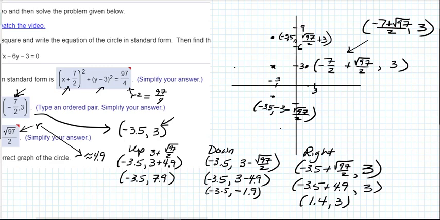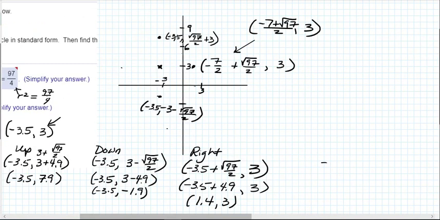So labeling it can be intimidating because we have all these radicals and everything. But when we're plotting the point, we want to think in terms of decimals. And then how would we find the point to the left of center? Negative 3.5 minus the radius each time.